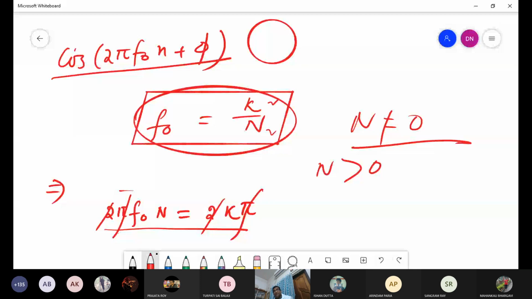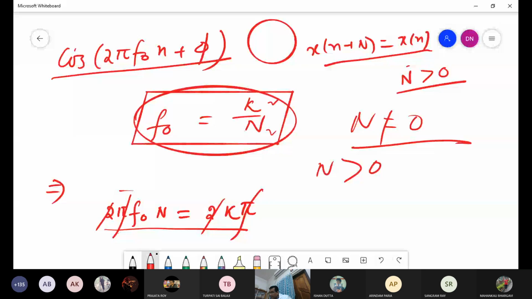From the definition of periodicity of a discrete time signal, first you have to think what is the definition of a periodic signal in case of a discrete time signal. The periodicity of a discrete time signal is this: x[n plus capital N] should be equal to x[n]. If this condition is satisfied for any value of N where N is greater than 0, N is always an integer, then I will say that this x[n] is periodic.